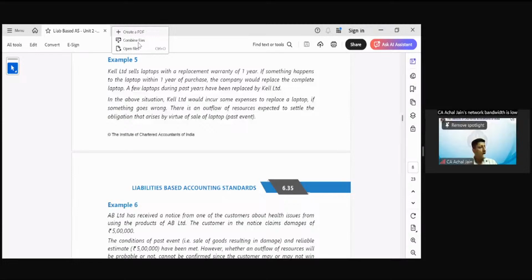So the past event in the given case was the sale of laptop. Now, because the laptop has been sold, that's why you need obligations in the future years. So what was the past event? Sale of laptop. Clear?